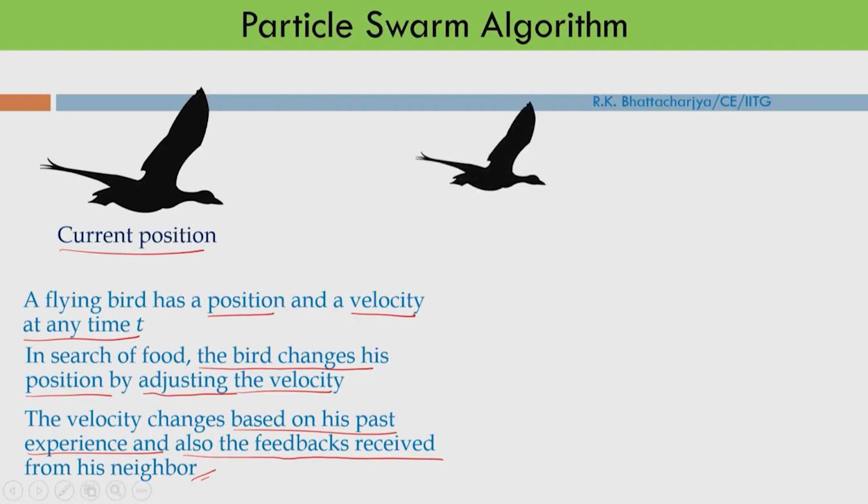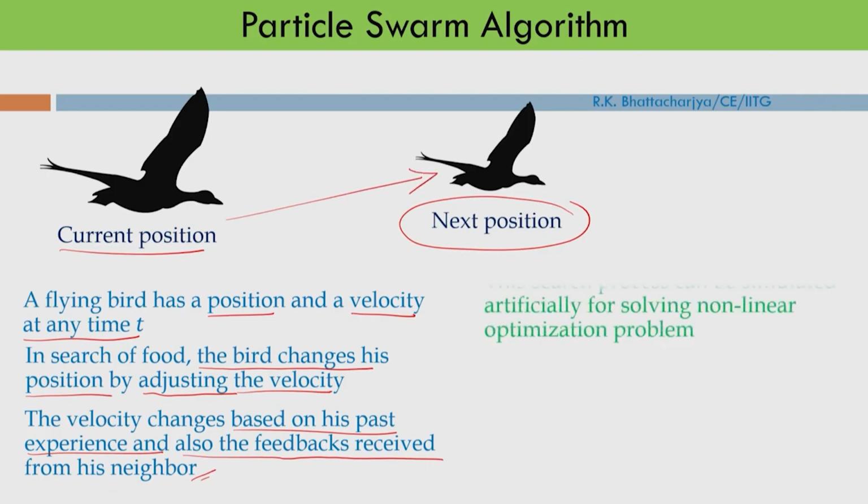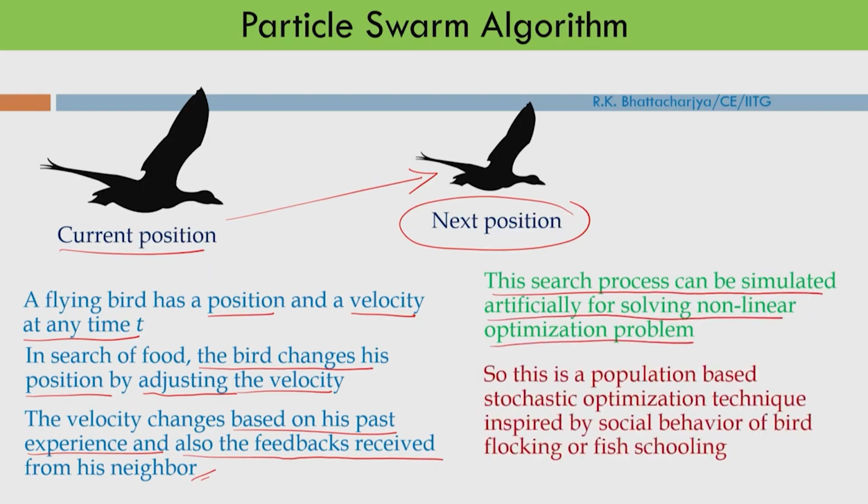Based on that, he will change his position, and this will be the new position of this bird. So basically from here he is moving to this location. This search process can be simulated artificially for solving nonlinear optimization problems.